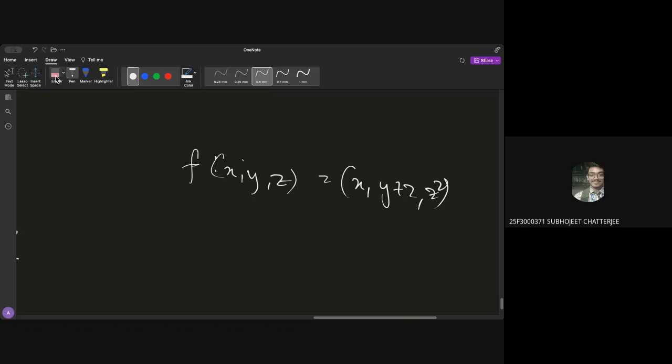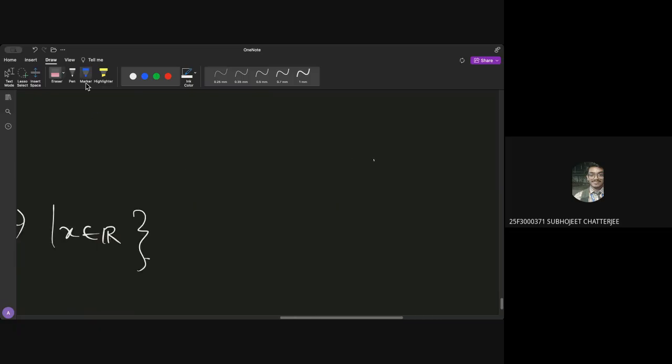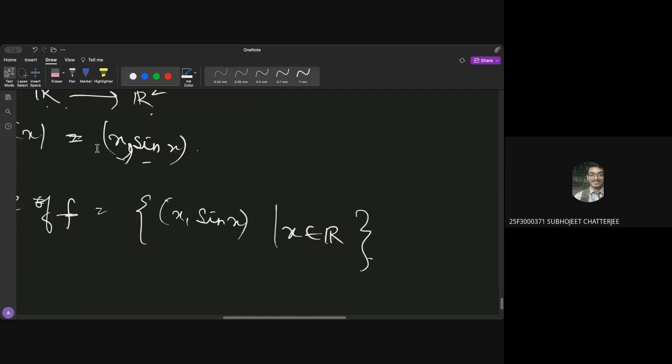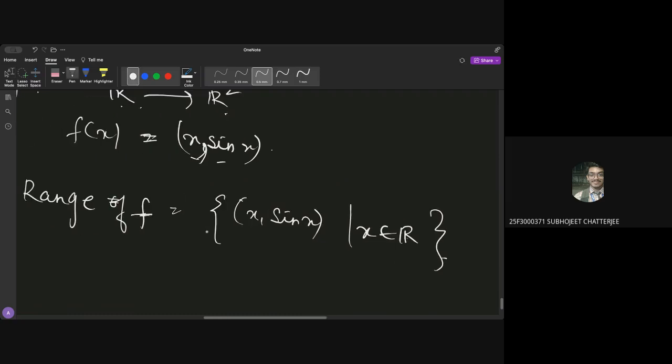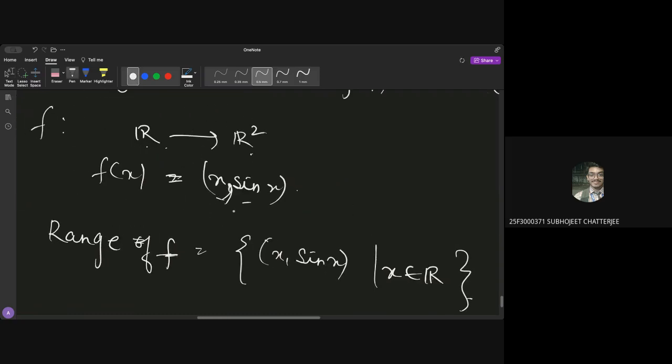Ma'am, for this type of tuples, we see the individual parts and then comment on the range, right? For x, we know our range is R, and for sin x it's minus 1 to 1. Yes, that's fine. But we were not getting into finding the range of multivariable functions or vector-valued functions.